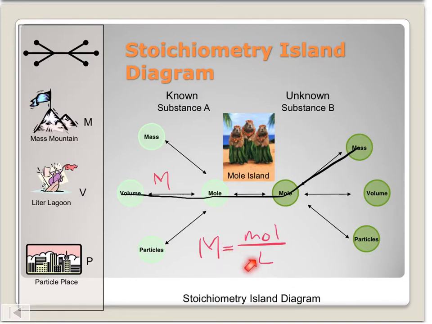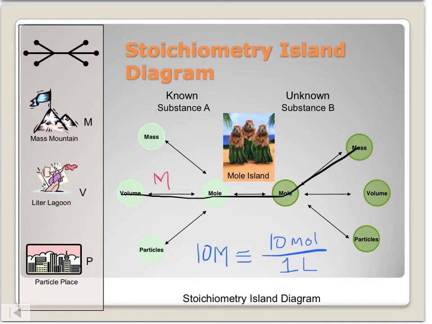Moles per liter, that's a conversion factor. And so that means if we have, let's say, a 10 molar solution, that is the same thing as saying 10 moles for every 1 liter. And then we can use the amount of liters we have to convert from volume, which is liters, to moles.